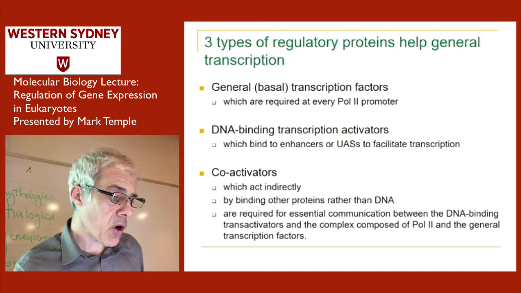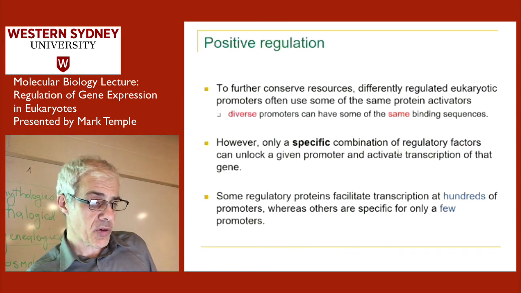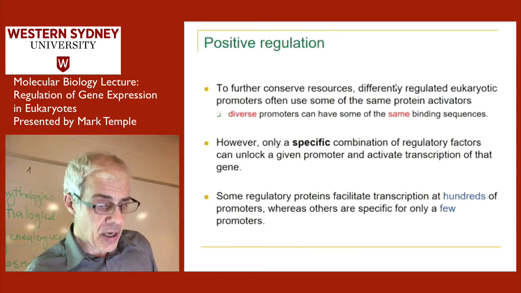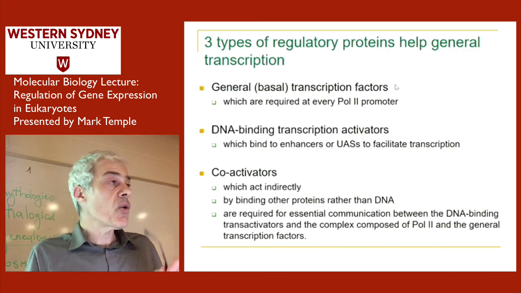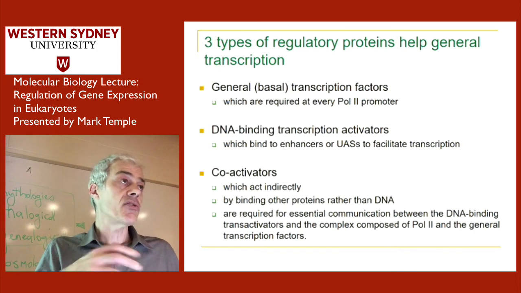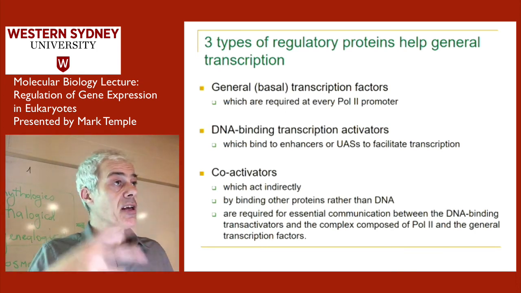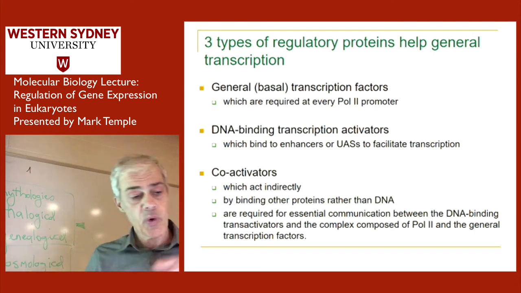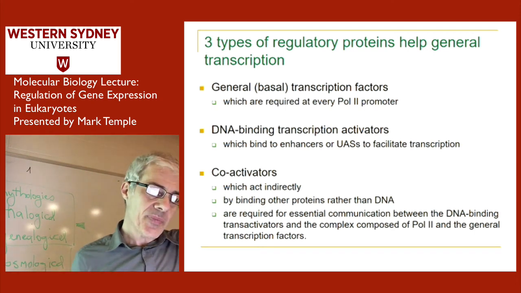A lot of that work on combinatorial binding of these different factors comes from fly as a model organism, and if ever you do fly genetics, it's really interesting to look at developmental expression of genes in fly, but we won't talk about that here.